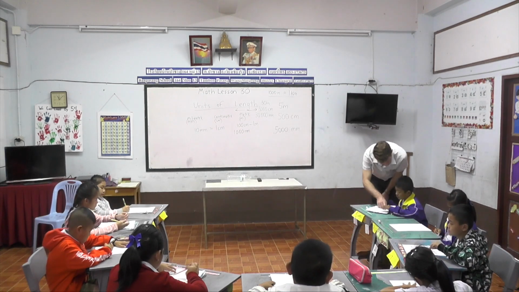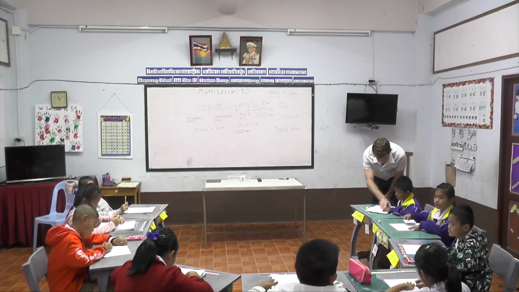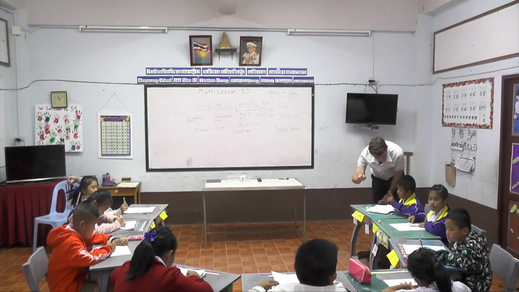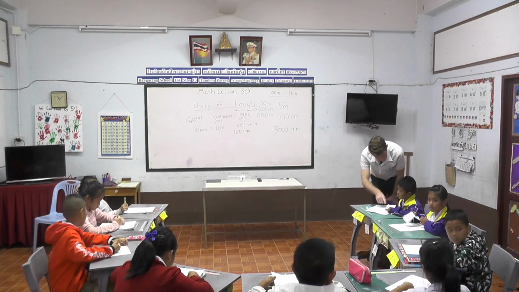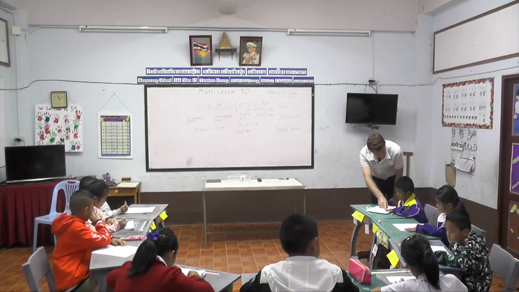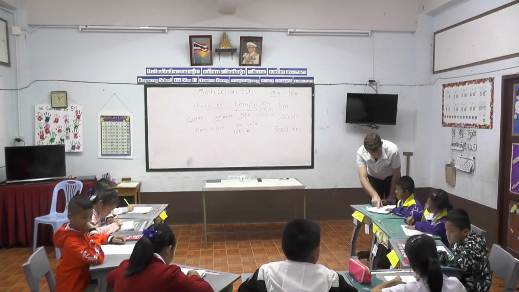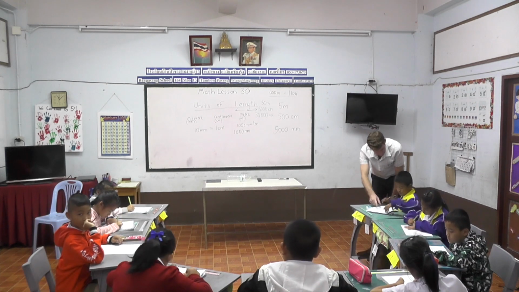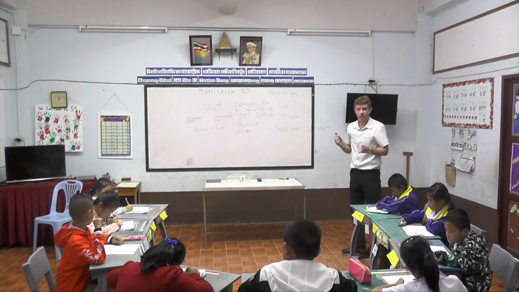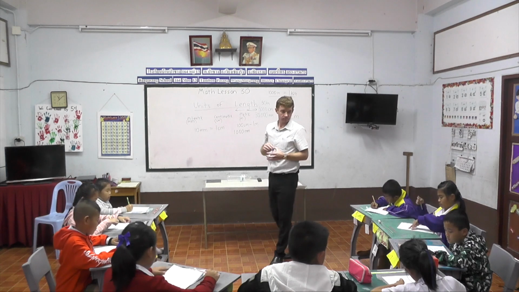See, 100 centimeters is not 10 meters, it's 1 meter. 25 meters, 250 centimeters? No. So well done. You have to do the calculation for the different units of length.